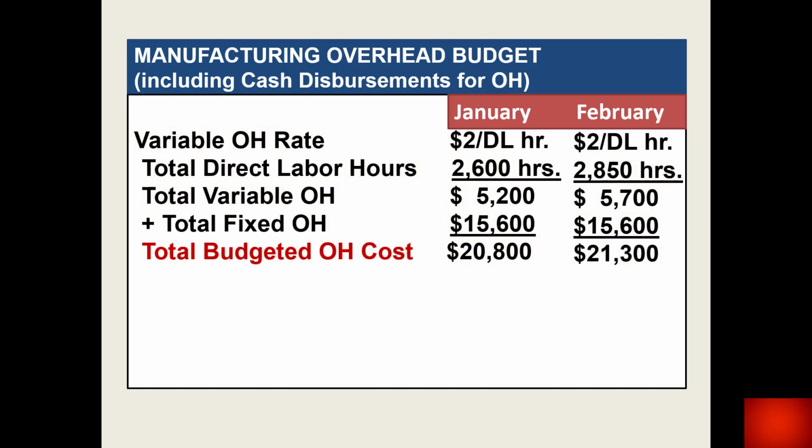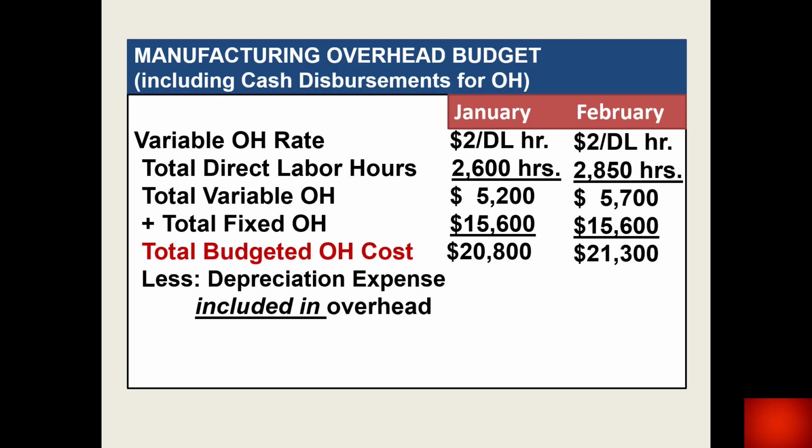Now we need to focus on how much of this will be a cash type expense. So what we need to do is subtract the depreciation expense that was already included in the overhead.